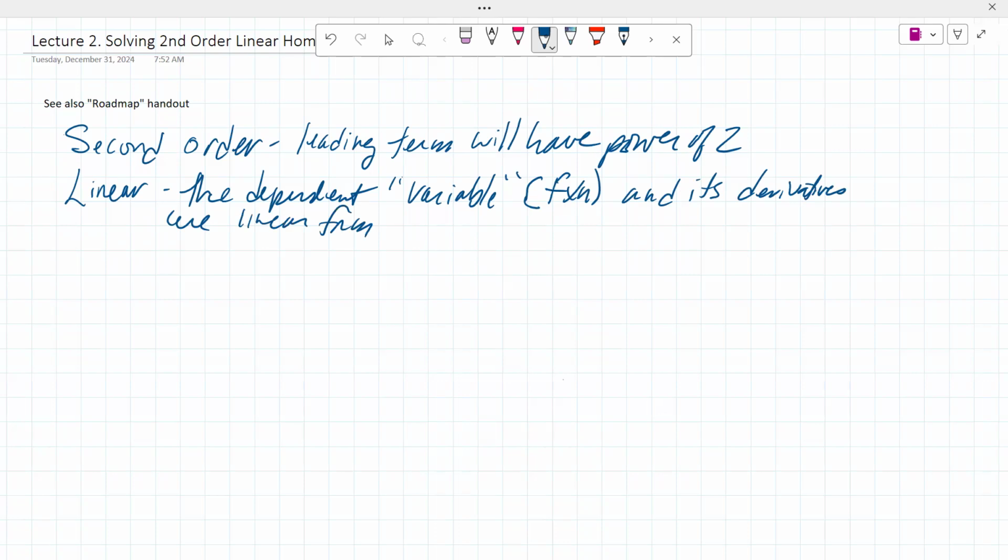That means you can't have powers, you can't have squares, no crazy trigonometric stuff in there. It's going to be linear. So that's great news because they're easy to solve.